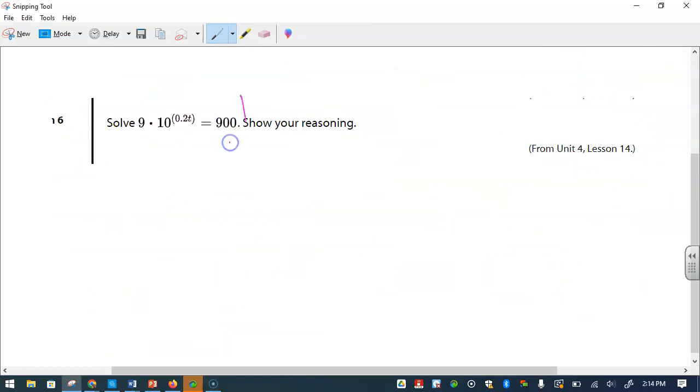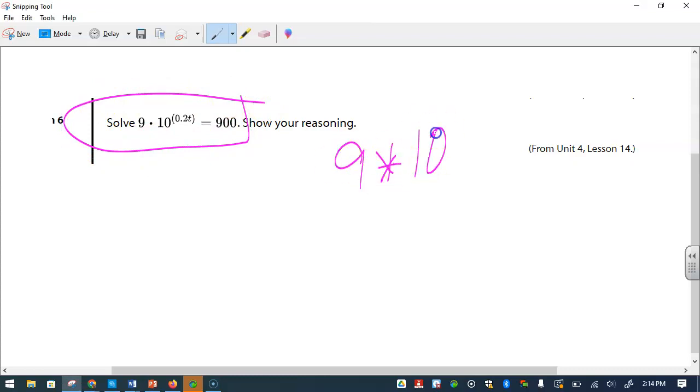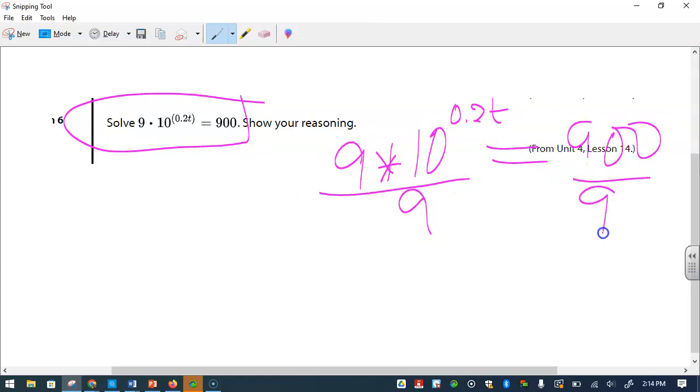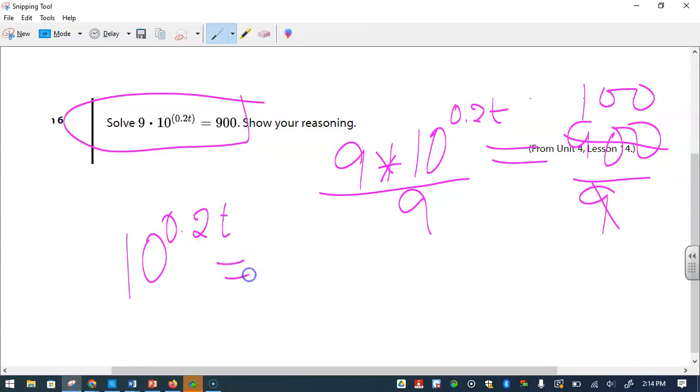Okay, this is how to do this. First step is you just divide. It is given 9 times 10 raised to 0.2t equals 900. So divide by 9. This will be 100 up there. So 10 raised to 0.2t is 100.